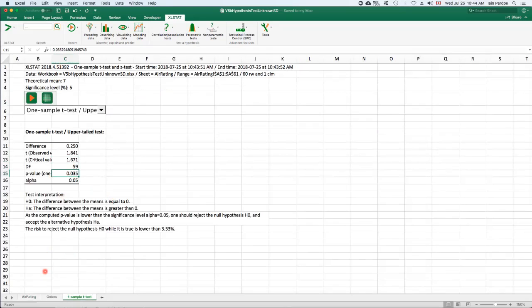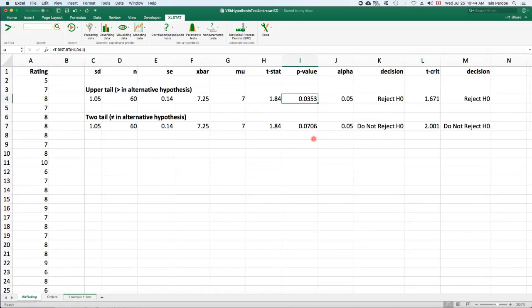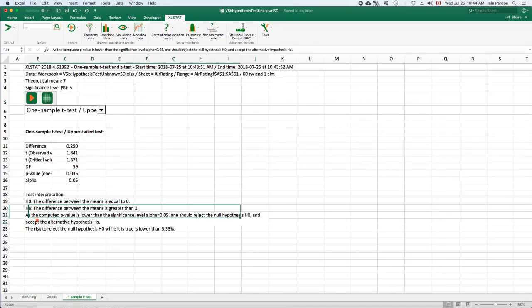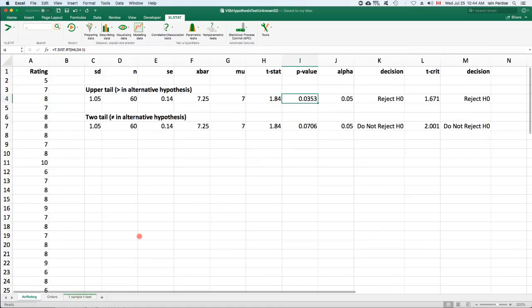See up here, 0.0353 to 4 decimal places. That's what we got here. And our decision, as the computed p-value is less than the significance level alpha, we should reject the null hypothesis. And it looks like the alternative hypothesis is favored here. The population mean looks like it's bigger than 7.